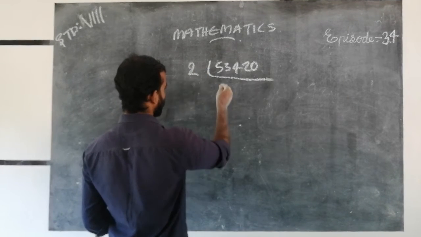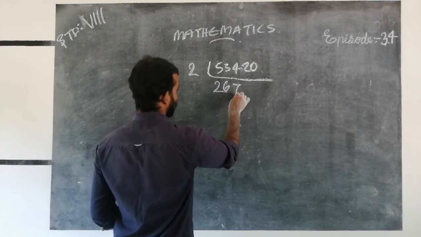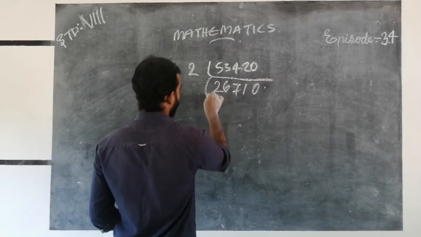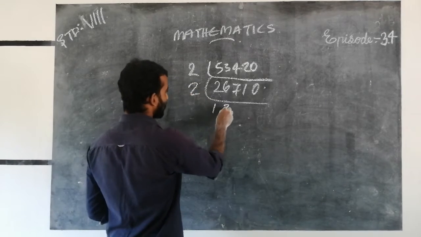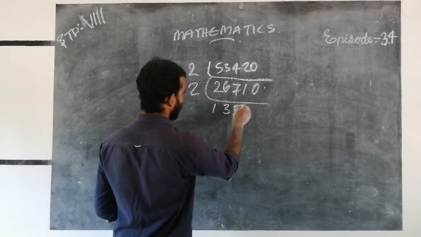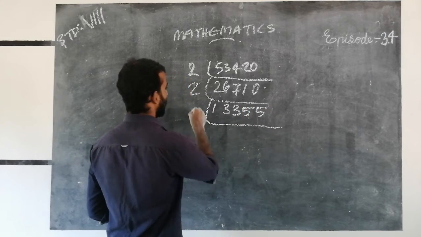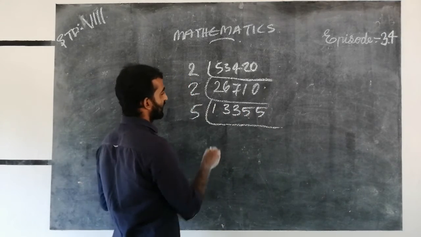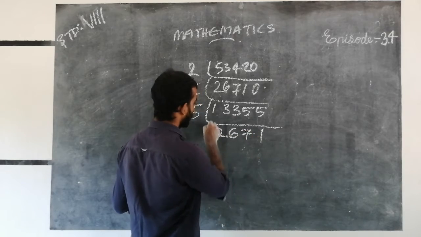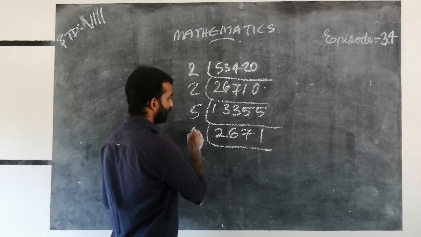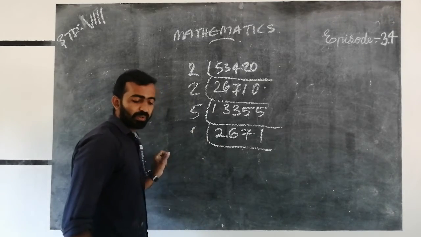That is, we take 2, 6, 7, 1, 0, 2, 1, 3, 5, 5, and 5. Which number can we take?